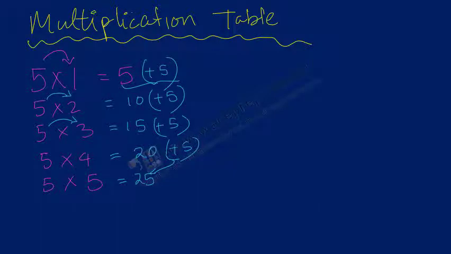Now, what if somebody asks, what is the answer to 5 times 8? Or 5 times 9? Okay, so 5 times 8. Now, if we knew the answer to 5 times 7, then the answer would be 5 times 7 plus another 5, which will give us the 5 times 8 answer.